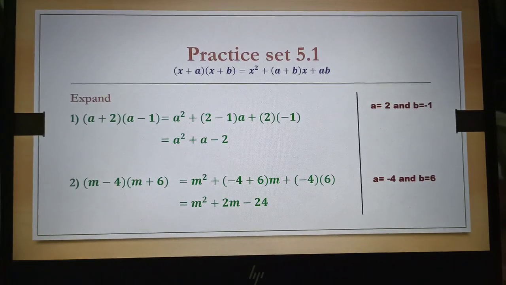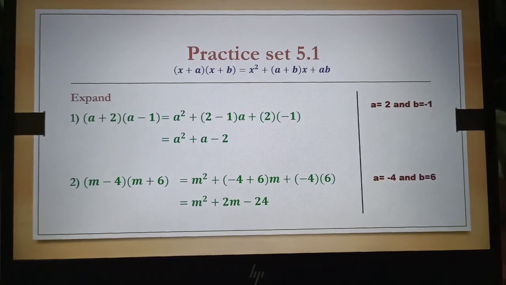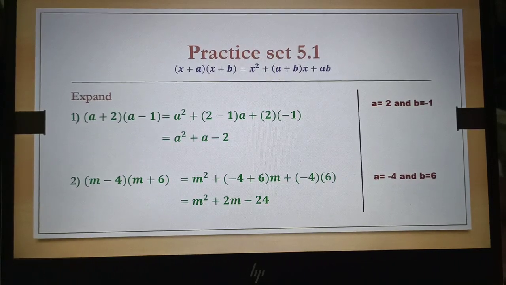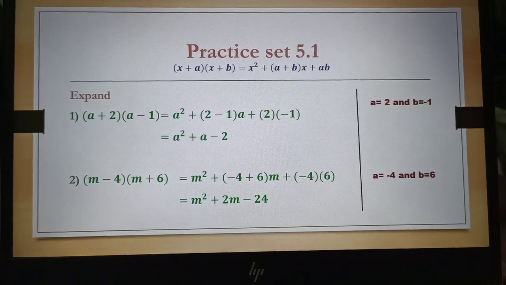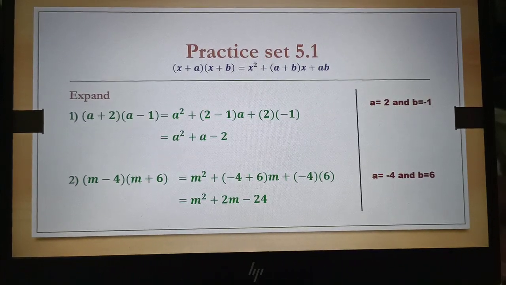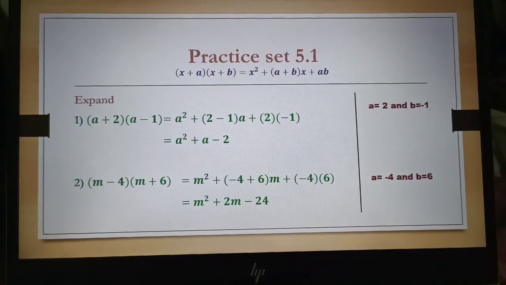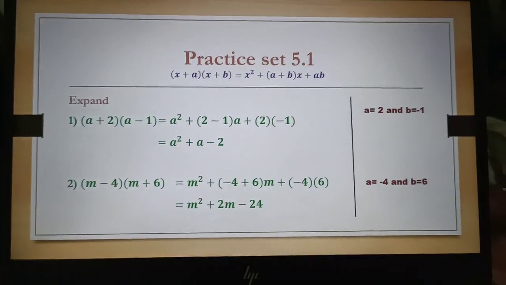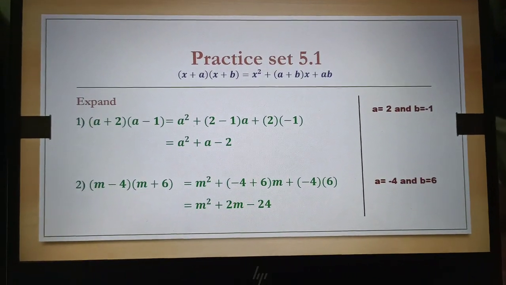So here minus 4 plus 6. One is positive and one is negative, so we have to subtract. 6 minus 4, how much? Getting 2. And which one is the greater number? 6 is the greater number. So we have to write the greater number's sign, only the positive sign here. That means plus 2m.